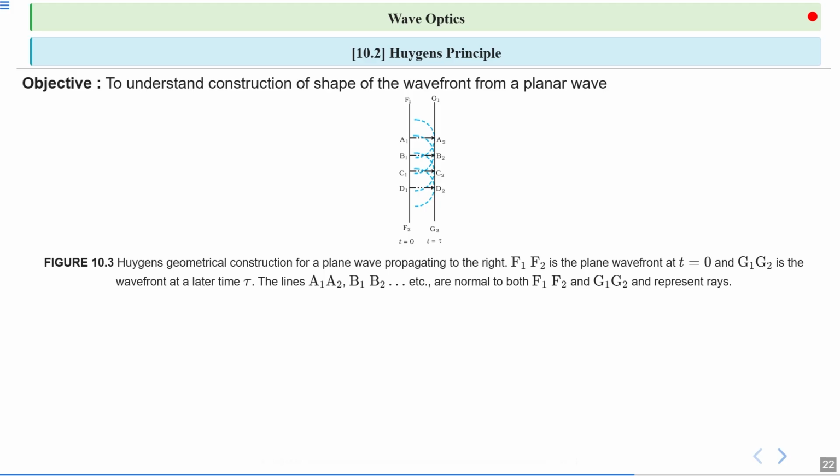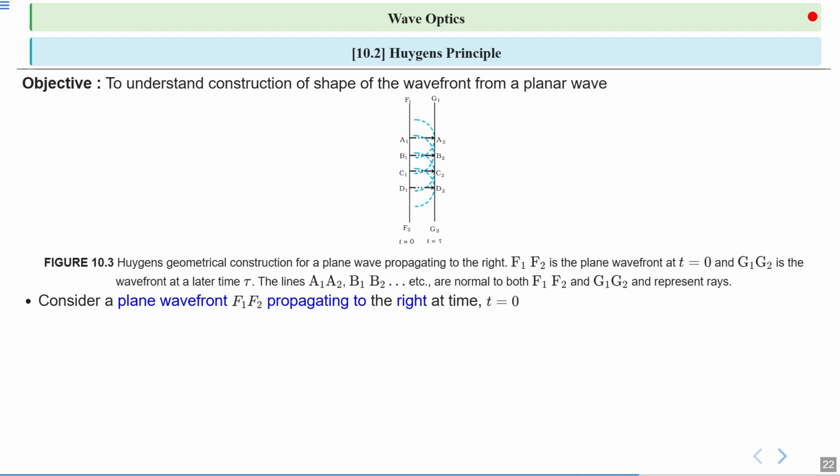A1, A2, B1, B2 are normals to both F1, F2 and G1, G2 and represent rays, because a ray of light, that is the direction of light propagation, is perpendicular to the wavefront.